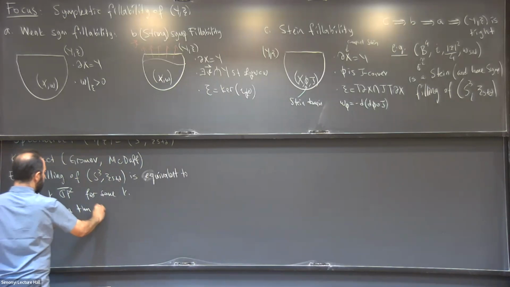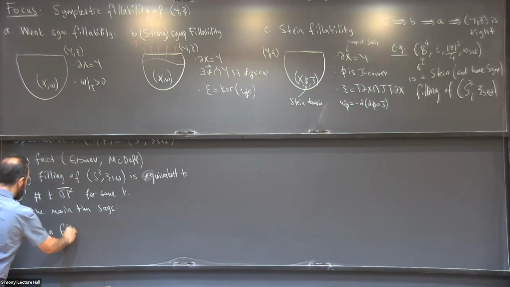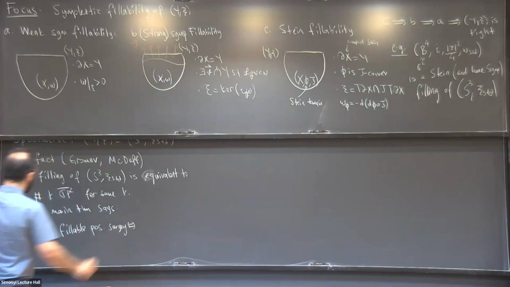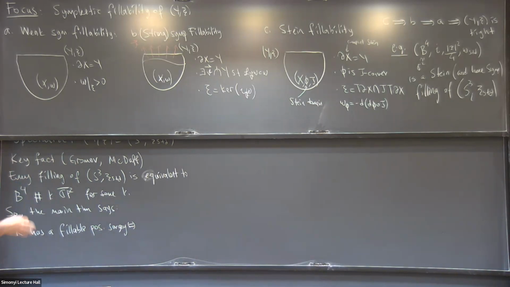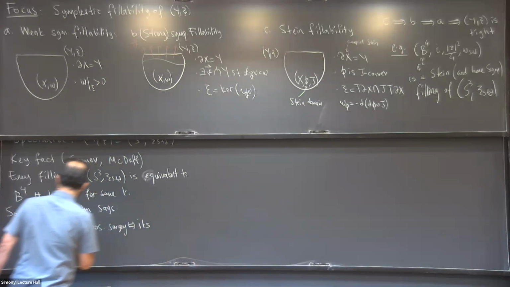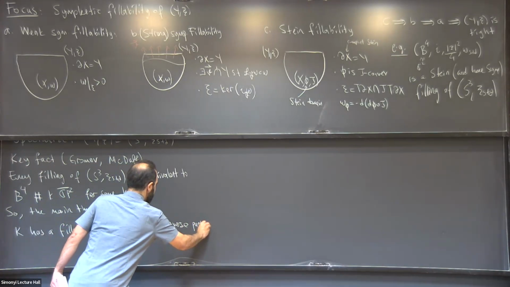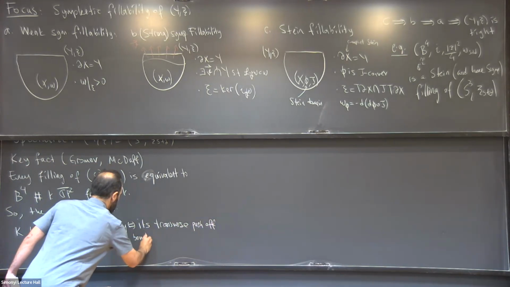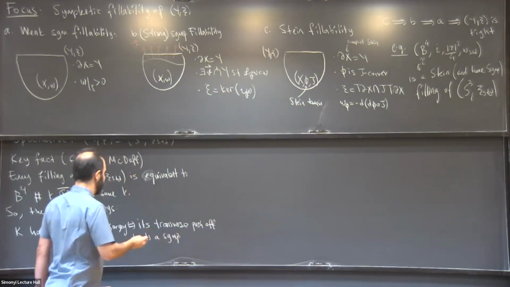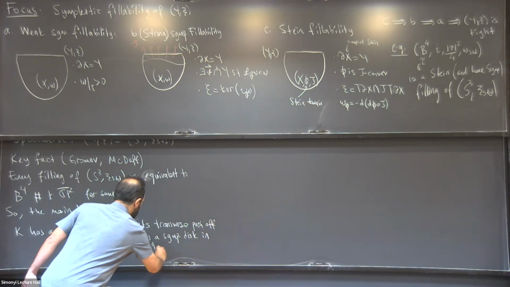In light of this result, the main theorem says that K has a fillable positive surgery, namely there is some Legendrian representative of K for which some contact surgery with positive integer coefficient is fillable, if and only if the following is the case: the transverse push-off of K bounds a properly embedded symplectic disk in the blow up of the four-ball.